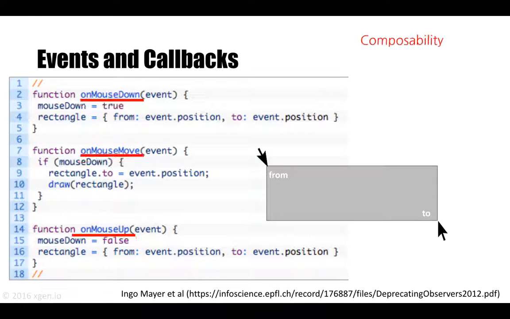Typically this code is hard to compose because all those functions are defined as a list of functions, and they tend to rely on global variables as well. So this does not lead to a way where you can easily slice and dice your code into reusable components.